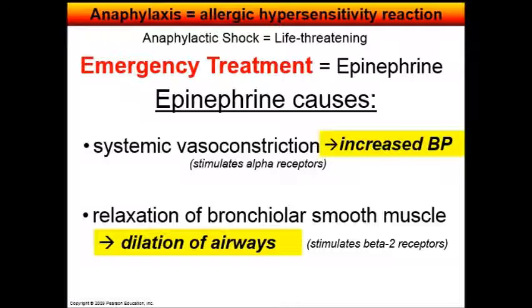So, epinephrine, this should be familiar to you now. The emergency treatment. Epinephrine causes systemic vasoconstriction. You know what that does? Systemically constricts all the blood vessels, up goes the blood pressure. And I hope that you all remember the types of adrenergic receptors. Alpha receptors are on blood vessels. Do you remember that? Okay.